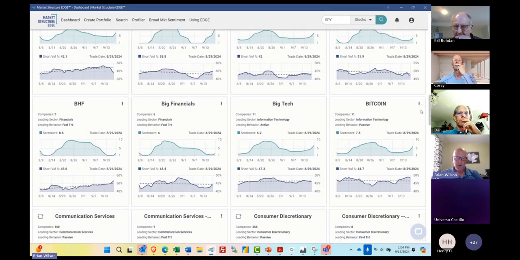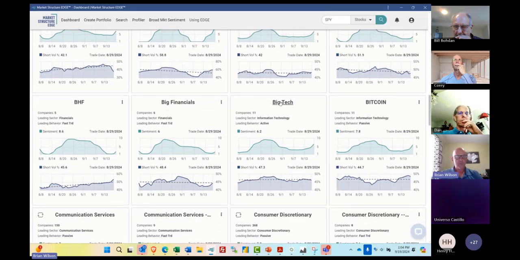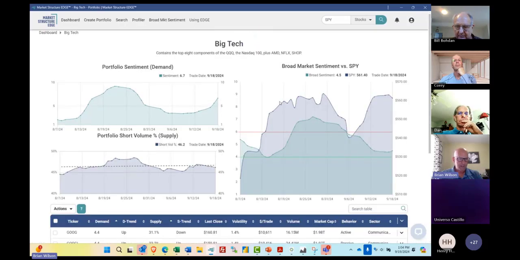I want to circle back to, let's just go to big tech for a second. We were talking about ways that you can use this for trading, whether it's daily trading ideas, or crafting your portfolio over time. One thing that is really helpful for me is avoiding losses, and I'll be honest with you, what's been helping me out a lot is just don't catch the falling knife.